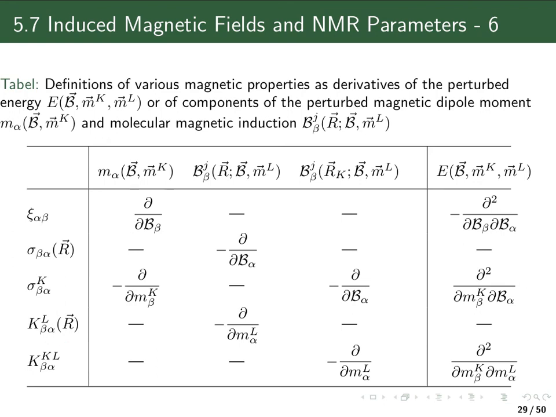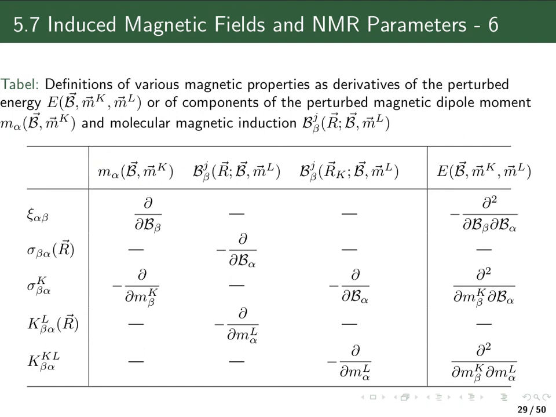And we can define them as response properties, meaning as first derivatives of some other properties. We can define them as derivatives of the molecular magnetic moments, where the magnetizability is the first derivative with respect to a magnetic field.